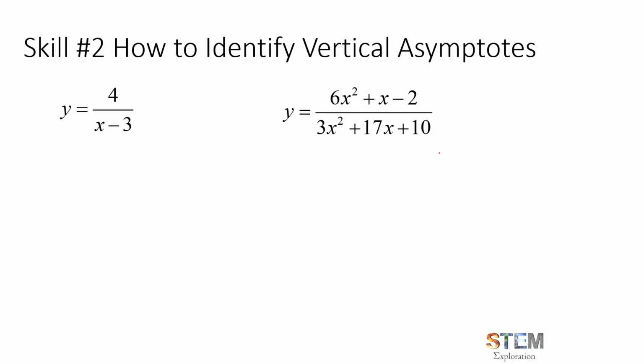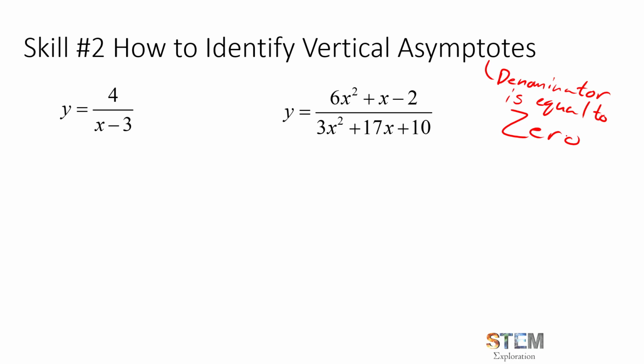Now, if we move on to how we identify vertical asymptotes, what we're trying to do here is still look for these situations where the denominator is potentially equal to 0.